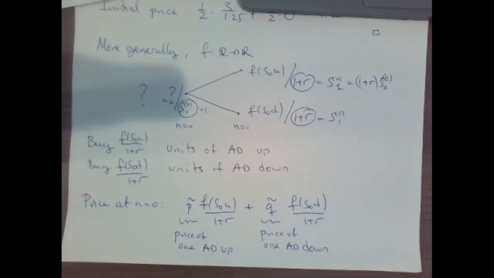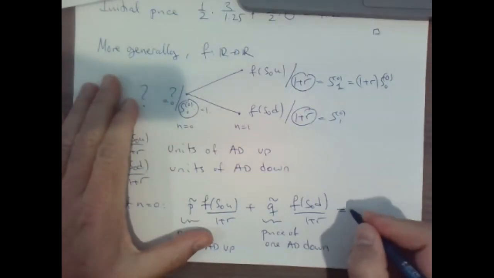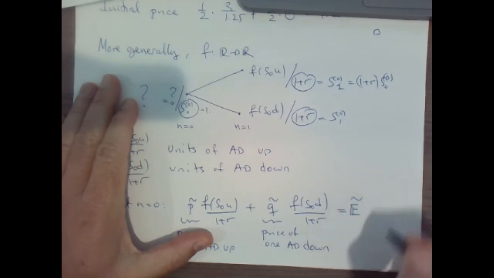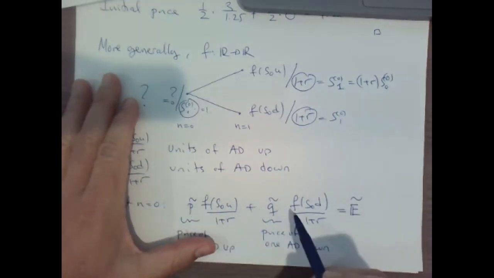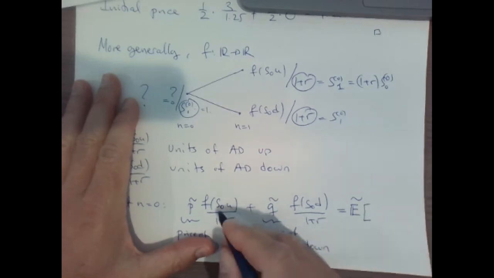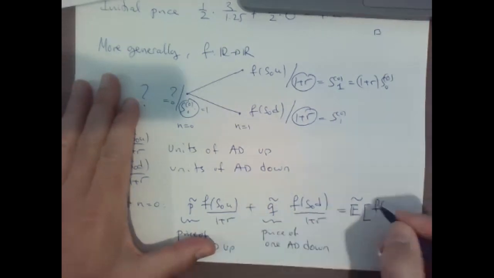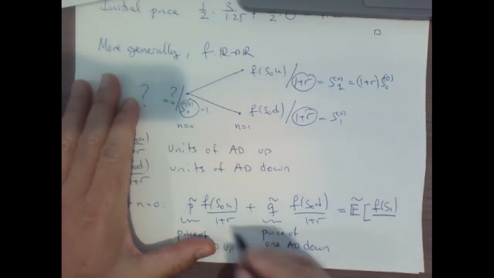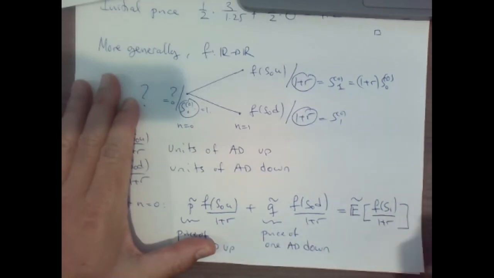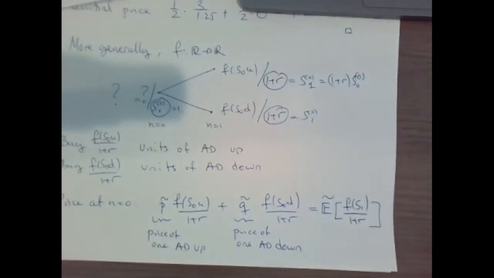And then we can write this more compactly. We can write this as an expectation under these tilde probabilities of f of S1 divided by 1 plus R. This is where we use the P tilde and Q tilde, the numbers strictly between 0 and 1, that add up to 1.